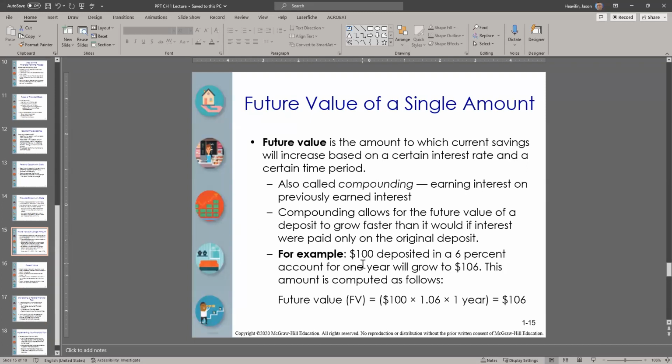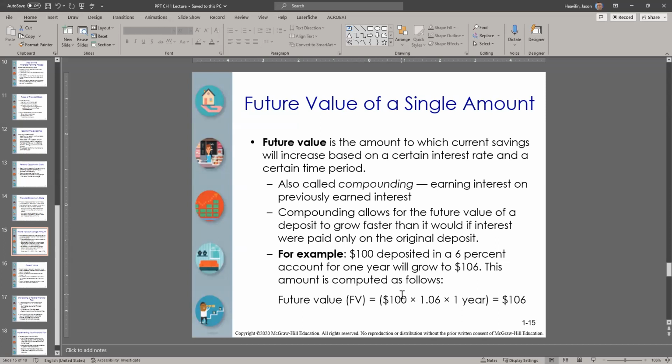But if I want $106 in the future and I can earn 6%, how much money do I have to put in today to achieve that goal? That's what present value does. It's like calculating in reverse the same number, and the number will tell you $100.